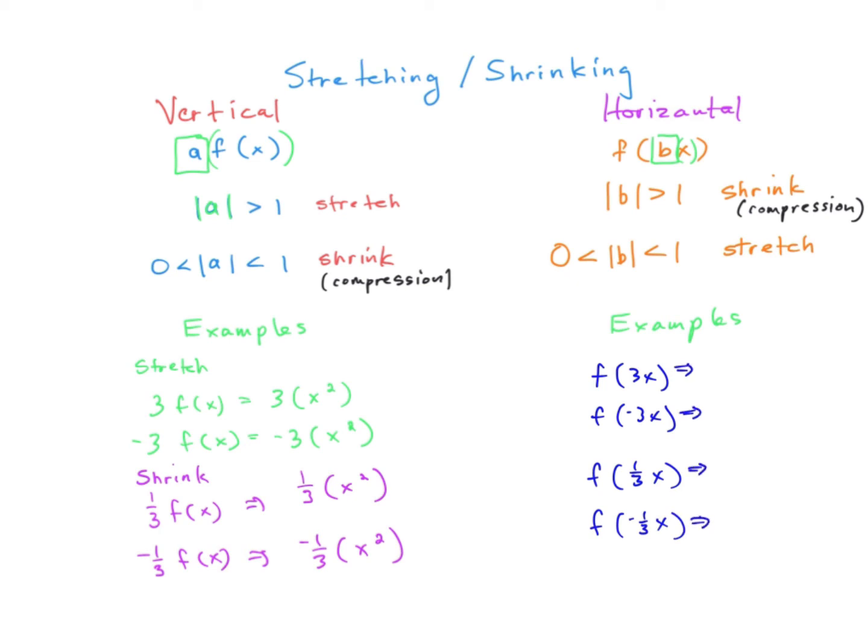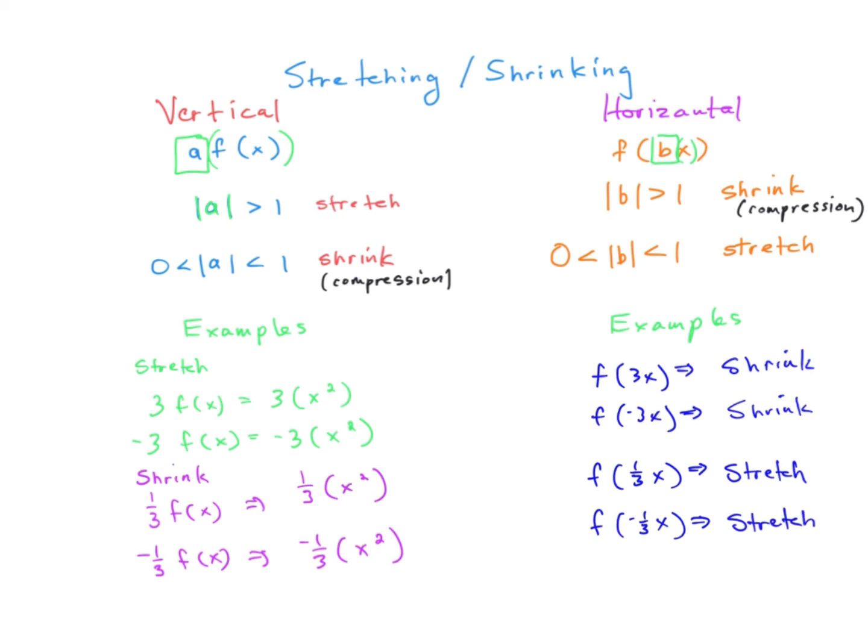And this number b, negative or positive, if it has an absolute value greater than 1, this would be a shrink. For these two, it doesn't matter positive or negative, all that matters is the absolute value of that number being greater than 1. And here would be an example of your horizontal stretch.